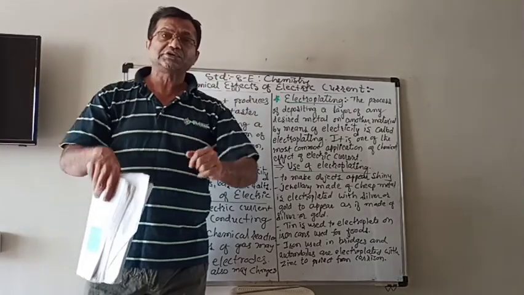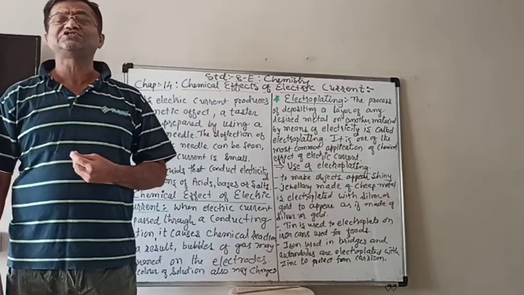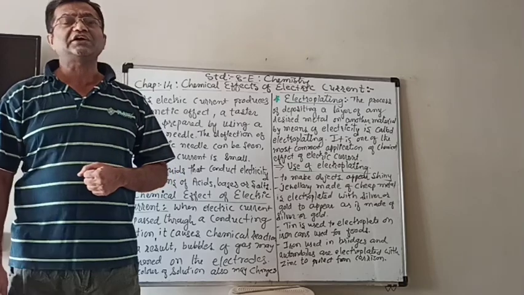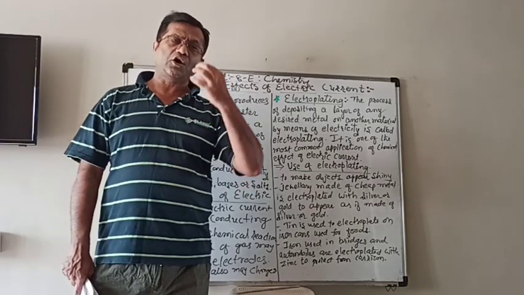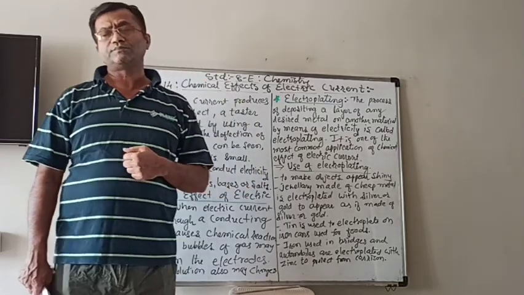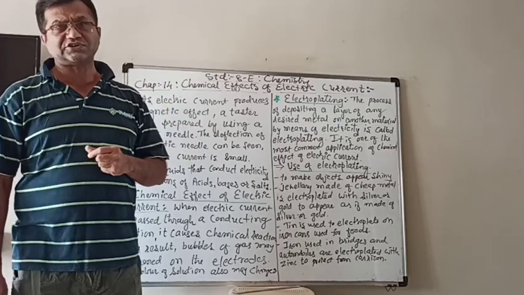If you put two ends of the circuit in distilled water, the current will not pass through it, and therefore your magnetic needle or the LED will not glow. It means that it is a poor conductor of electricity.